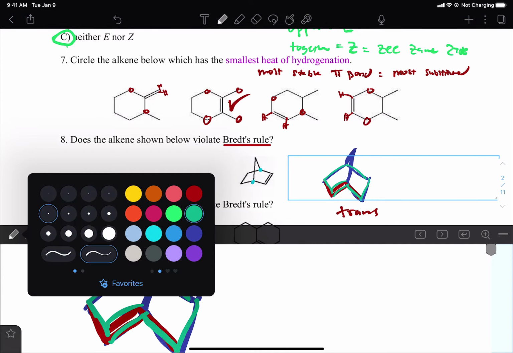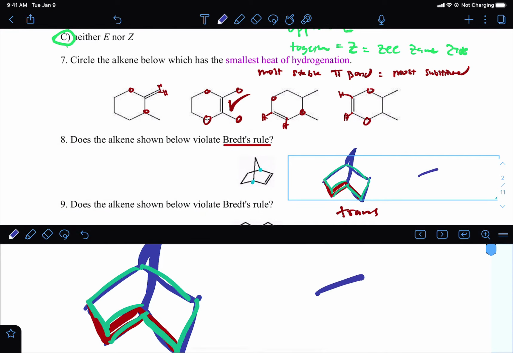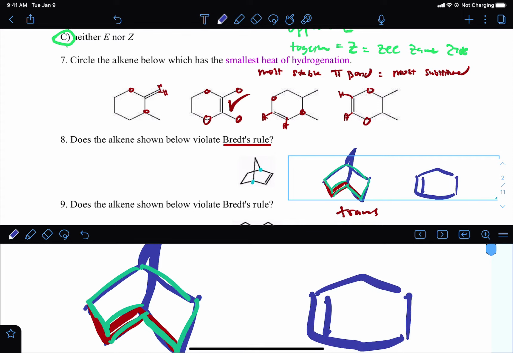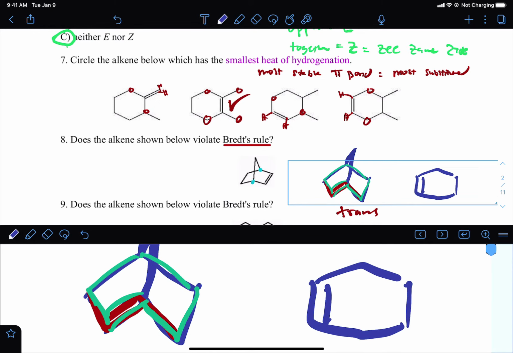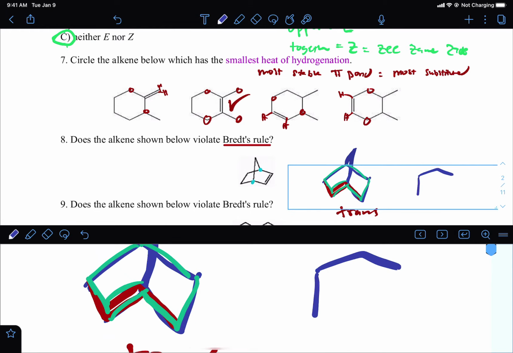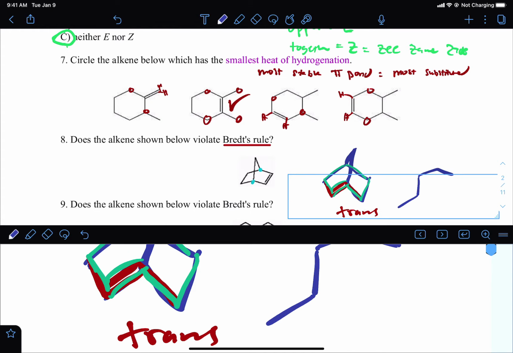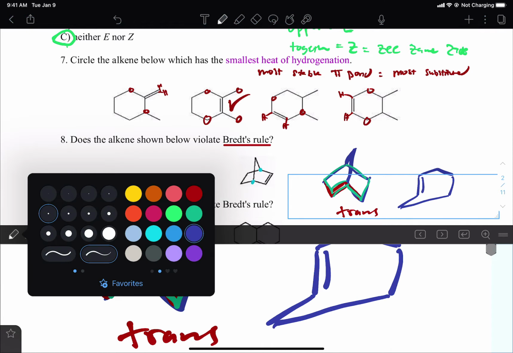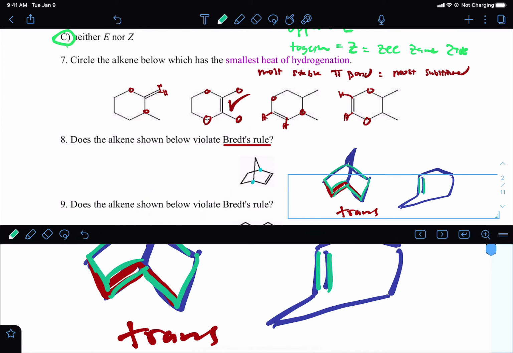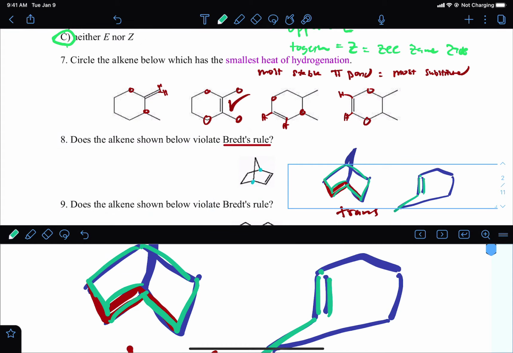You can't do that. Think about what a 6-membered ring looks like. Here's a 6-membered ring. Any double bond in a 6-membered ring has to be cis, right? If I try to draw like a trans double bond in a 6-membered ring, it would have to look something like this. I don't know, like there's a trans double bond. It doesn't work, okay? There are not enough carbons in the ring to accommodate a structural deviation that's required by the trans double bond.